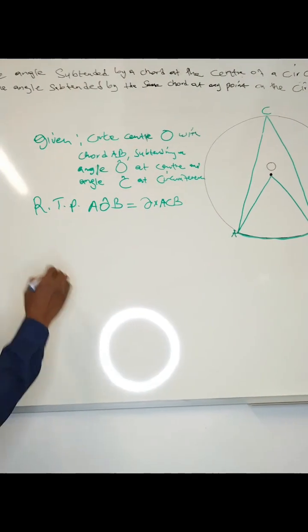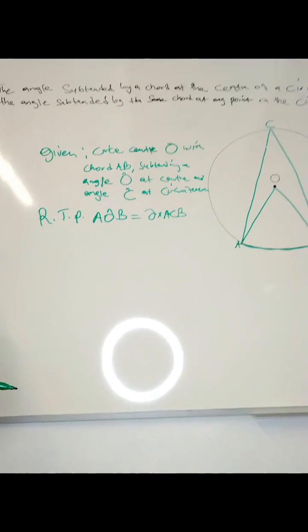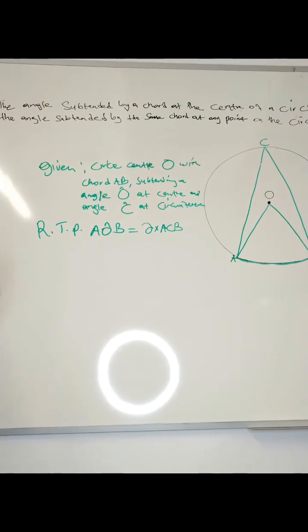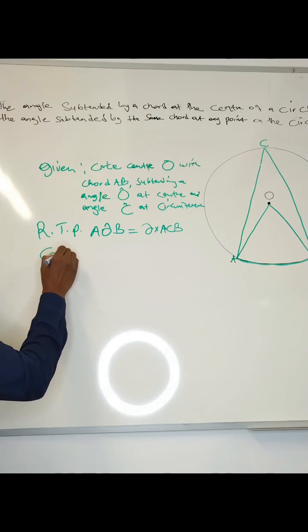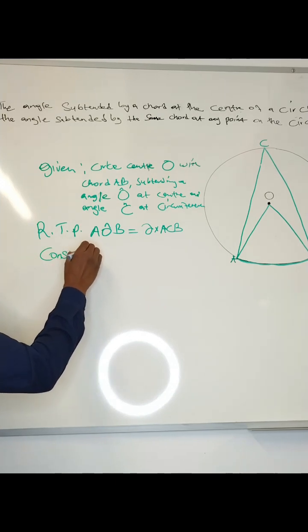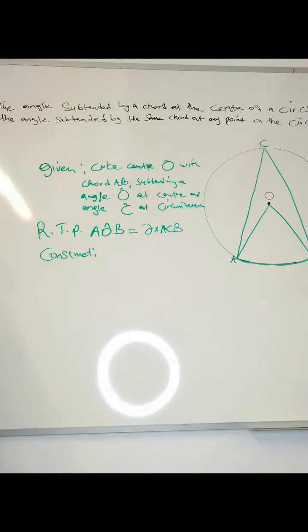Right now we are going to what? To construct. In every theorem we need to construct, so we are going to do the construction. Where are we going to construct?